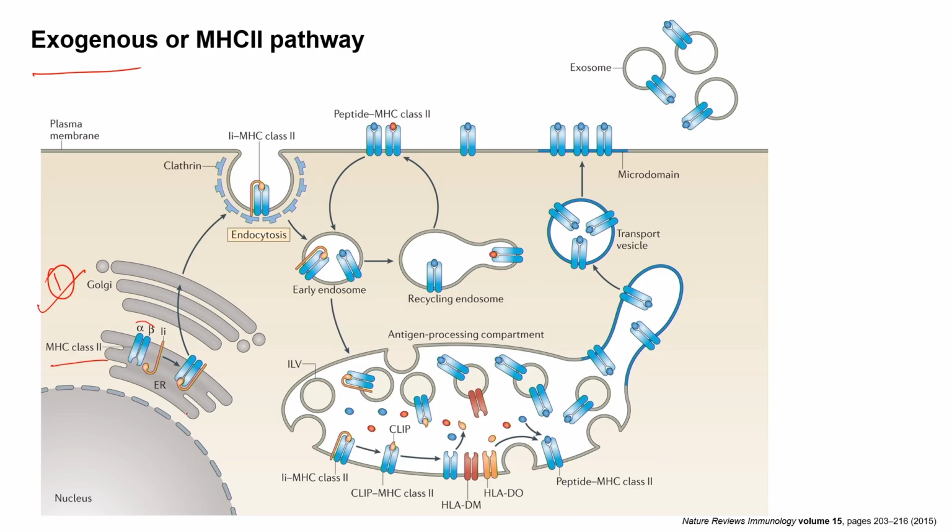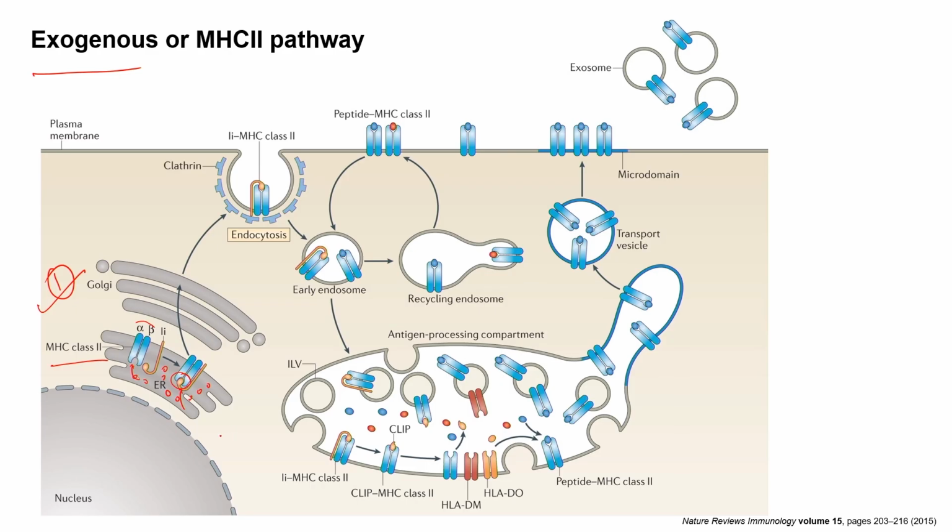These are present in the endoplasmic reticulum, and remember there might be multiple antigens floating in the ER lumen. To avoid the entry of this peptide or smaller protein fragment into this loop of alpha beta, there is a molecule called Li, the invariant chain. This invariant chain can dock itself into this structure so that none of the other antigens can be loaded over the MHC.